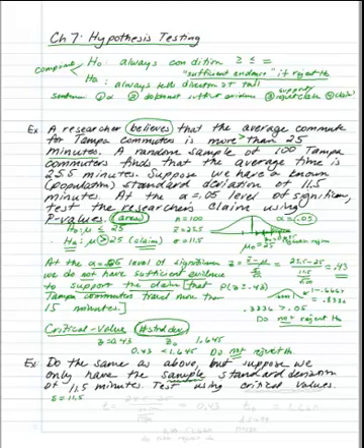Because we do not know the population standard deviation, we're going to use t instead of z. We calculate it exactly the same way: t equals 25.5 minus 25 divided by 11.5 divided by the square root of 100, and we still get 0.43.